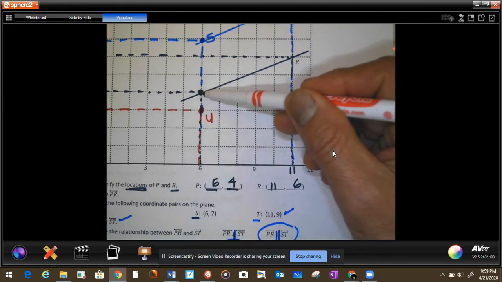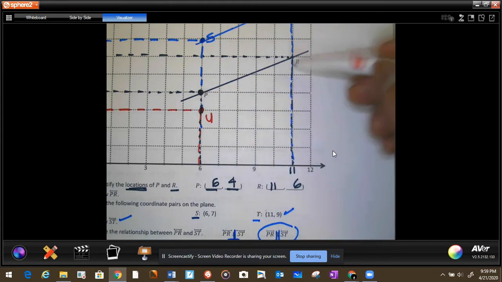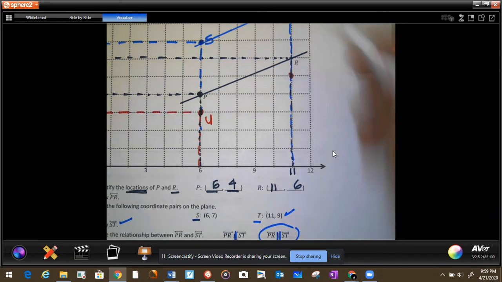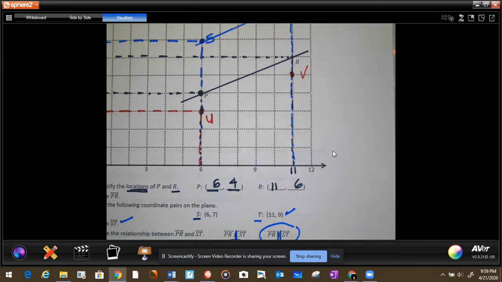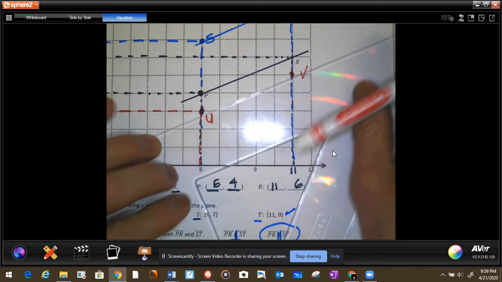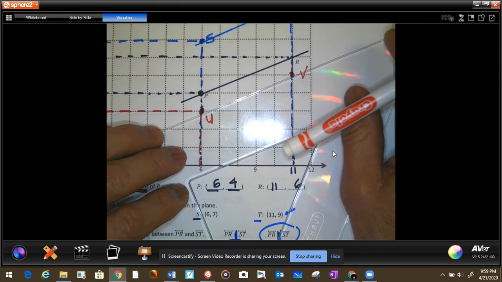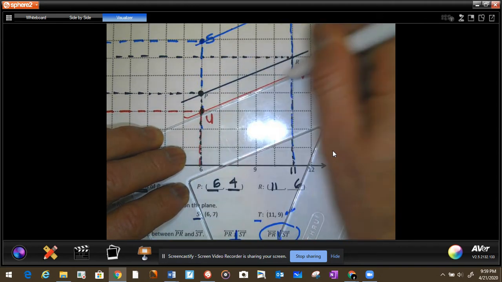If we decrease Y by one, then we have to decrease Y by one over here too. And that's the second point, which is the point V. And now we're going to create the line to see if it's parallel, because the instructions say that it has to be parallel to PR.